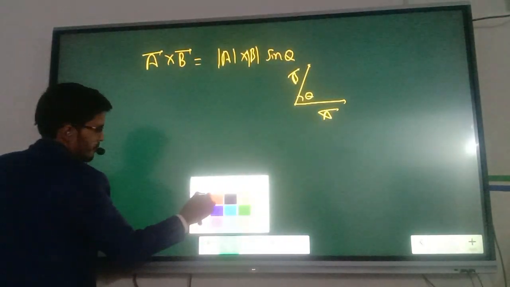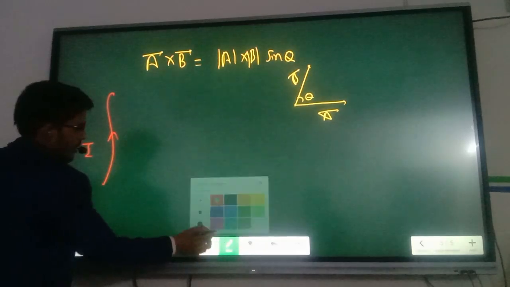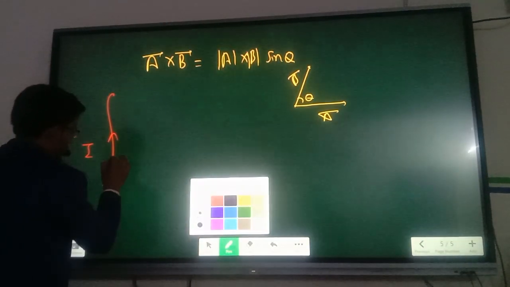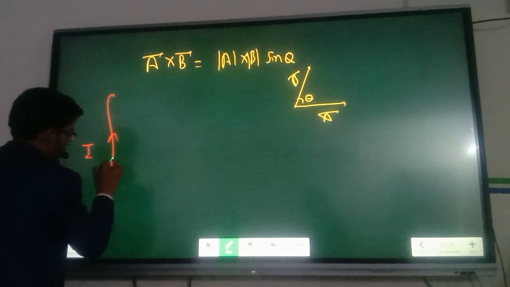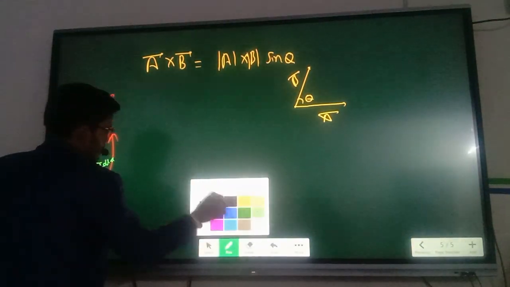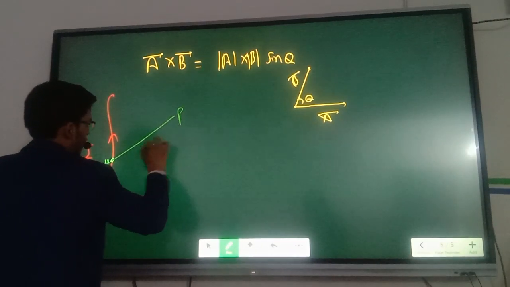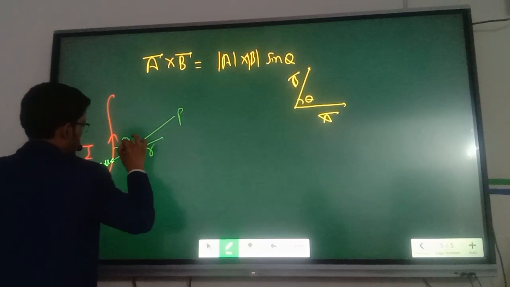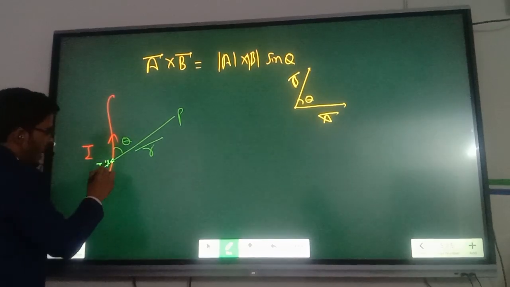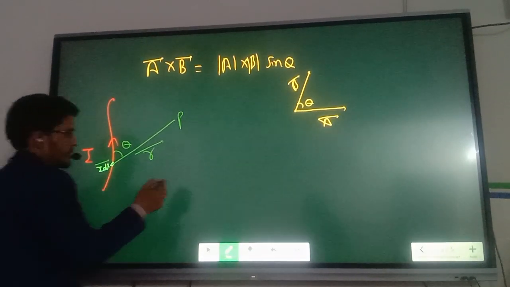So in a current carrying wire, suppose this is current I. Now this is dL. Actually this is IdL. And this is point P. This is R vector, and suppose this is angle theta. So IdL is also a vector quantity and R is also a vector quantity.